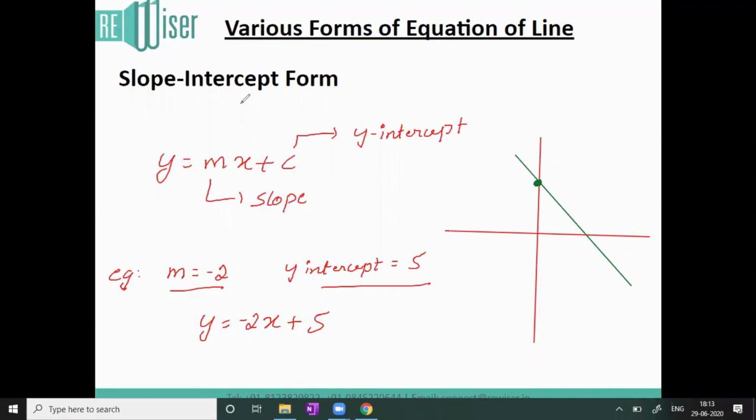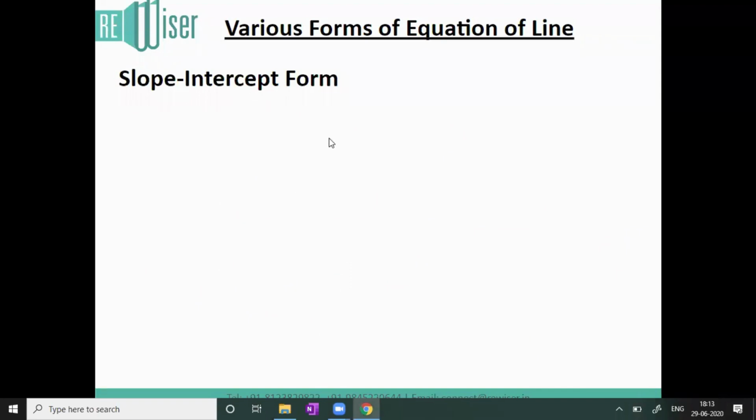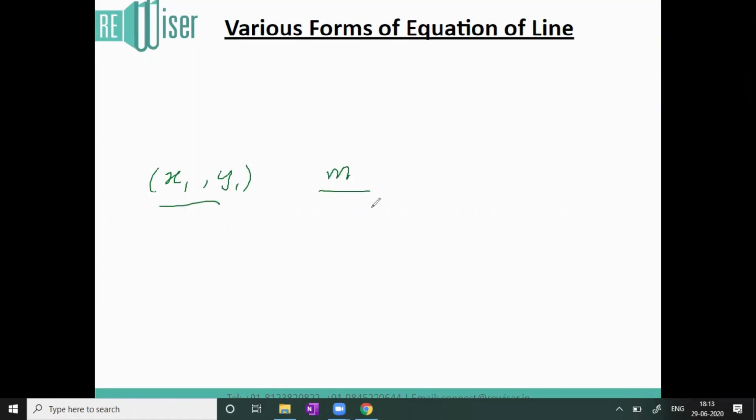Now, let us look into the next form of the equation of a line. Let us say I have a point this time. Instead of the y-intercept, I have a point x1, y1, and I know the slope of the line. Let's say the slope of the line is m. Using this information, I can also find the equation of the line directly.